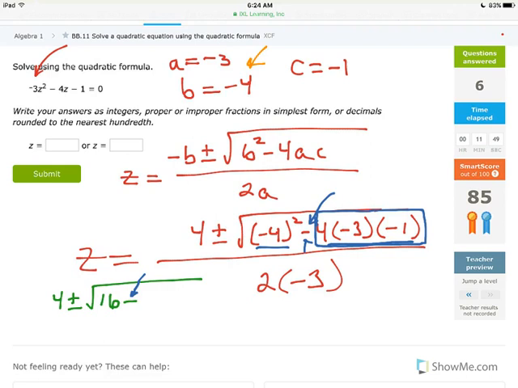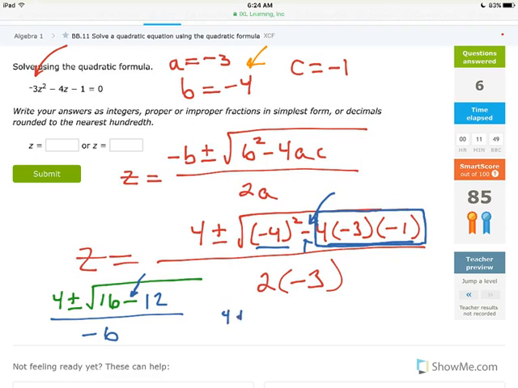So this is going to become 16 minus the 12, all over 2 times negative 3, which is negative 6. And that's going to simplify there. And then the 16 minus 12, that should be 4.